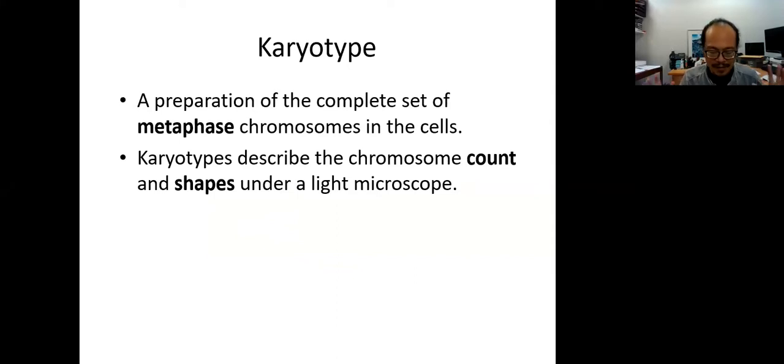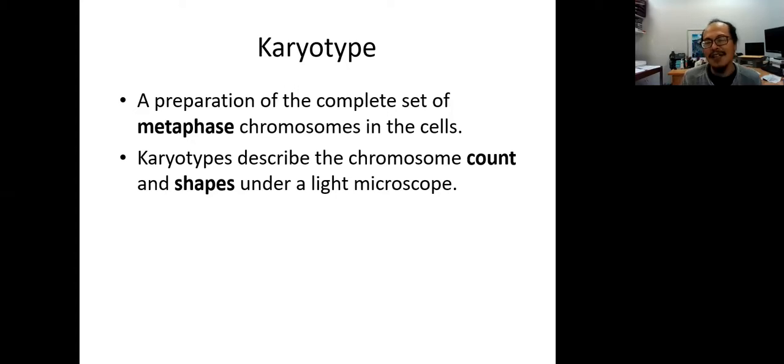So that's the method. We basically have a cell and we just observe it. And when it is in the metaphase, we quickly take a picture and then we can see all these individual chromosomes separate from each other. And then we can count. You say that I have 23 pairs of chromosomes. Let me check. Take a picture and I count.